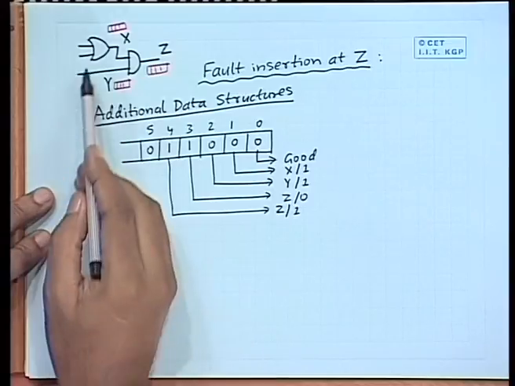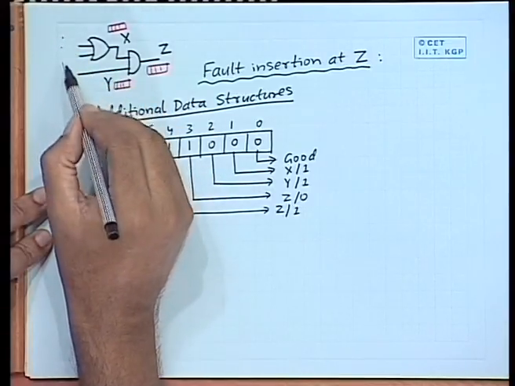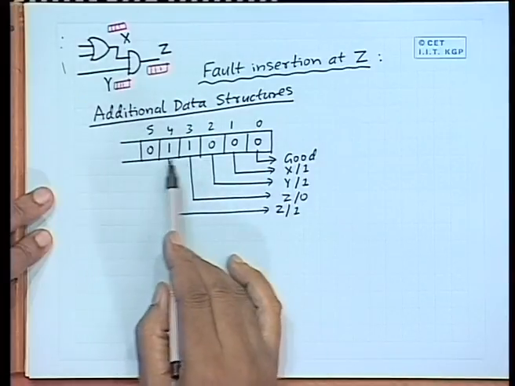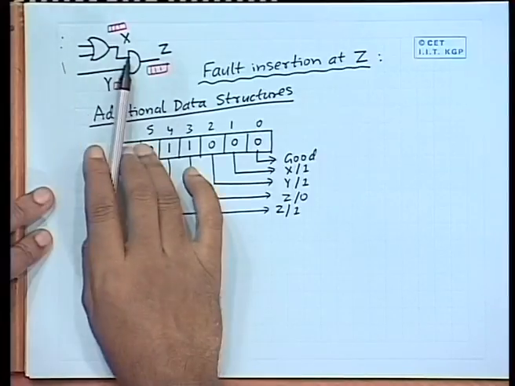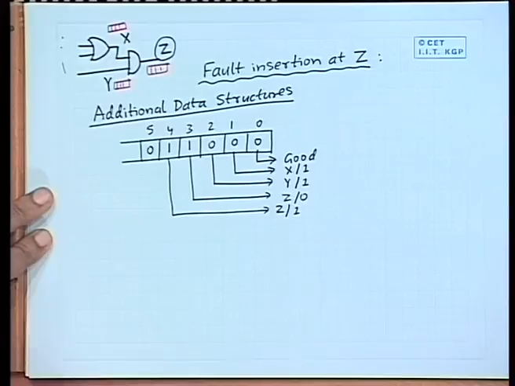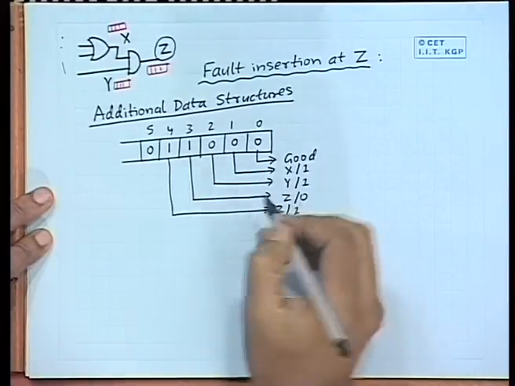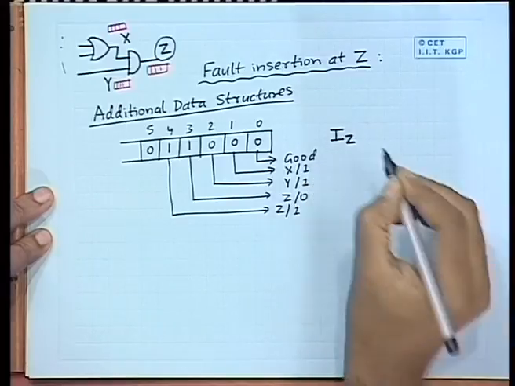There will be other faults in the circuit also, there can be some faults on other lines, though they will also be there. I am showing some of the faults which you can see from here, but when you reach here you are more interested in the faults on the line Z, the output of this gate. So, this list we are calling IZ.